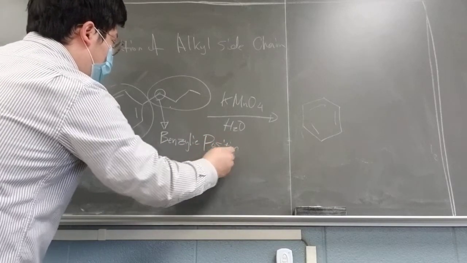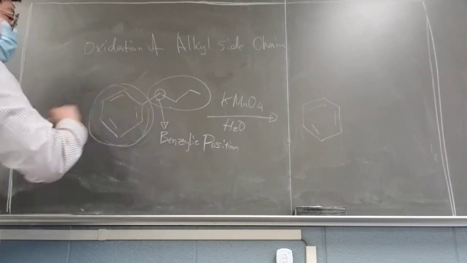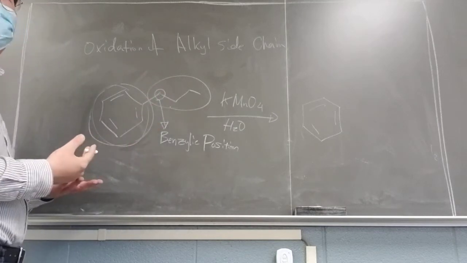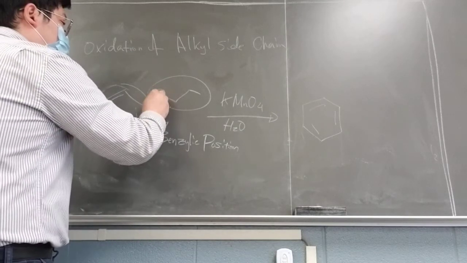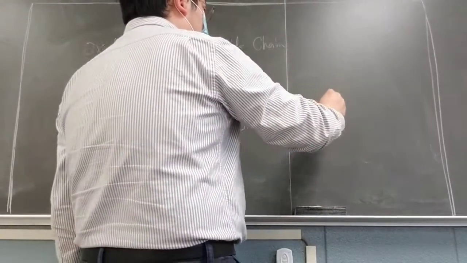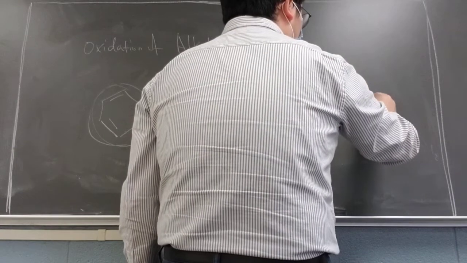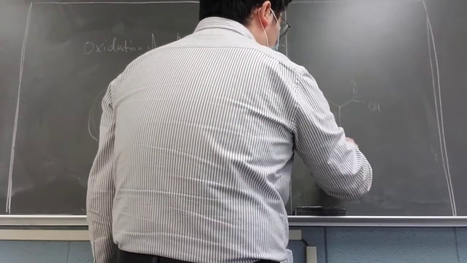Any carbon right next to your aryl group, which is the benzene ring, is what we call the benzylic position. So at the benzylic position, that carbon will be oxidized, and it becomes benzoic acid.